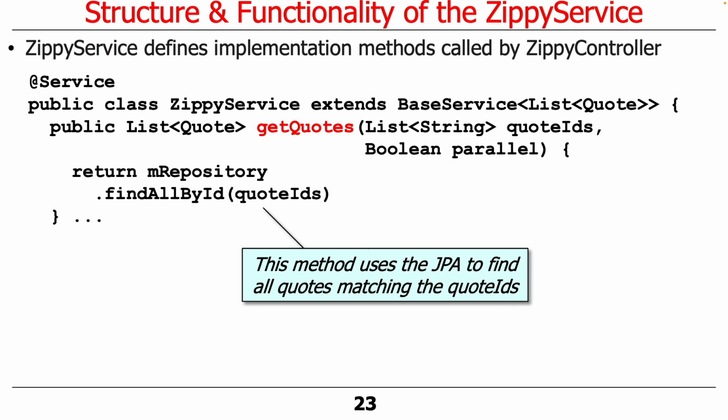It should actually be called postQuotes, but we can call it getQuotes for the time being. And what that does is that's going to use the find all by ID method that's part of the repository. So the repository has a way of being able to find all the entries that match the list of quote IDs that are passed in here.